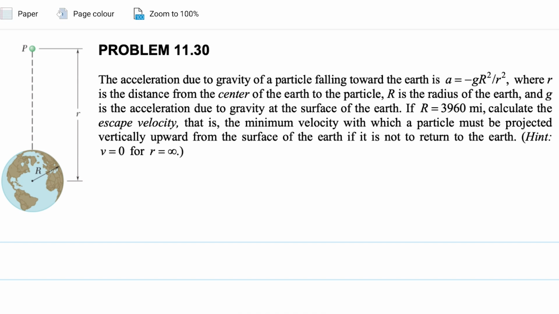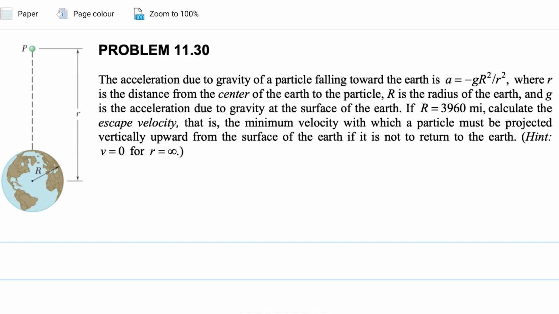So if the radius is 3,960 miles, calculate the escape velocity, that is, the minimum velocity with which a particle must be projected vertically upwards from the surface of the Earth if it is not to return to the Earth. As a hint, velocity is 0 for r infinite.